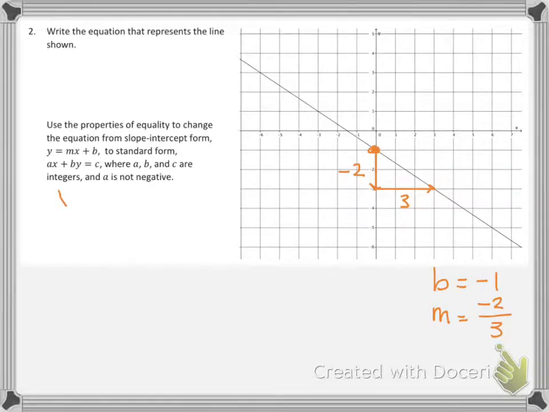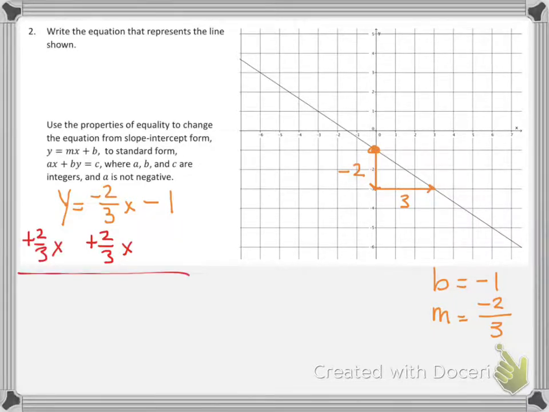So my equation, y equals -2/3 x minus 1. Okay, and then to change to standard form, this is a -2/3 x, so I'm going to add 2/3 x to get rid of it and balance the equation, and we get 2/3 x plus y equals -1, standard form.